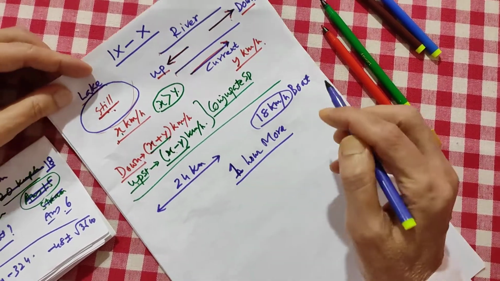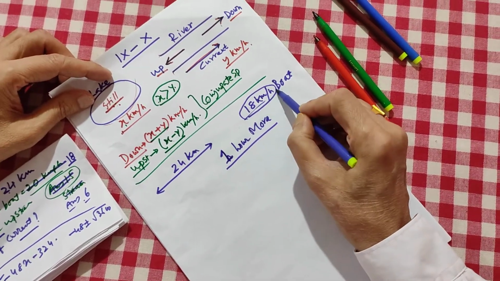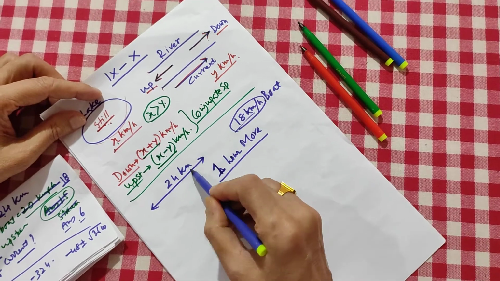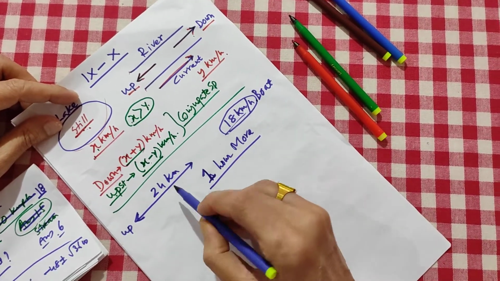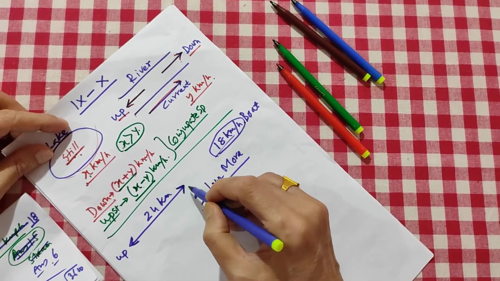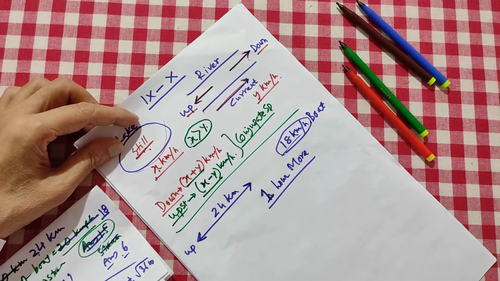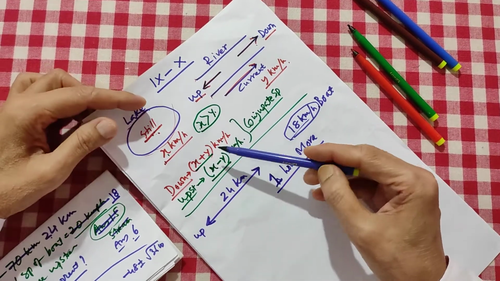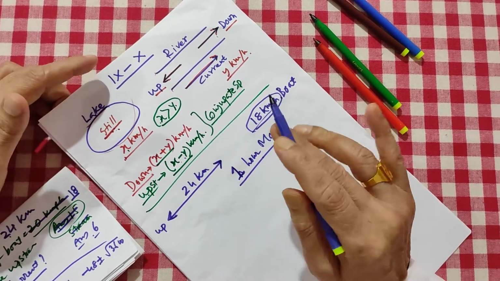Suppose the boat whose speed is 18 kilometer per hour goes 24 kilometer upstream, it takes 1 hour more than the time taken by the boat to travel 24 kilometer downstream. That means the difference between these two times is 1 hour. So that is what is given in the problem.